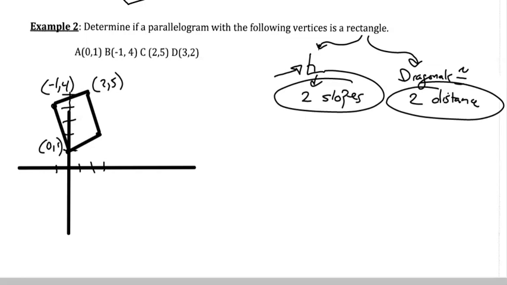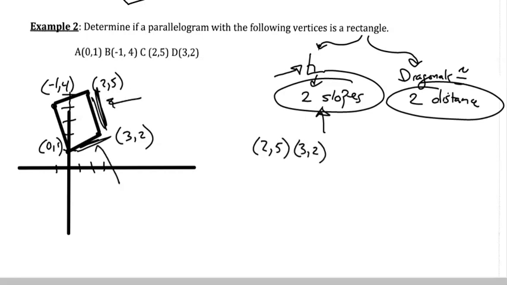Now, once again, we can either find the distance between the two diagonal points and then find the distance between the other two, or you can do the slope of a side and the slope of the other side and figure out if they're opposite reciprocals. I'm lazy. I'm going to do two slopes. Let's find the slope between 2, 5 and 3, 2. So this side. And let's see if it is an opposite reciprocal to 0, 1 slope between there and 3, 2.